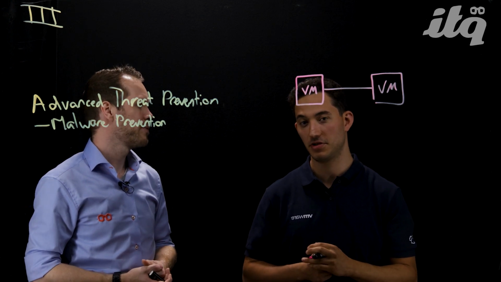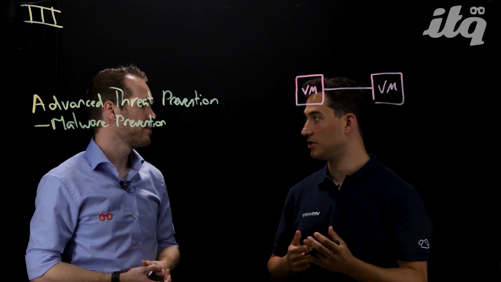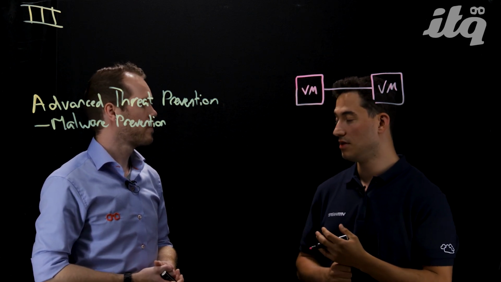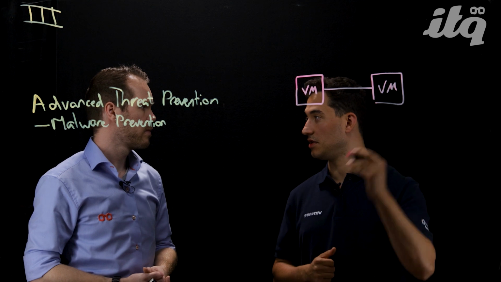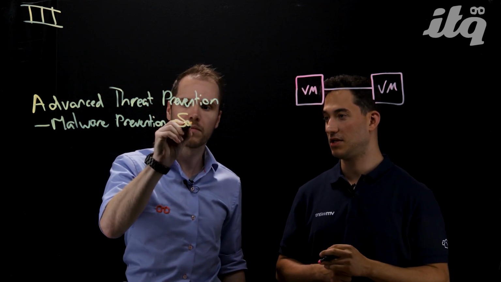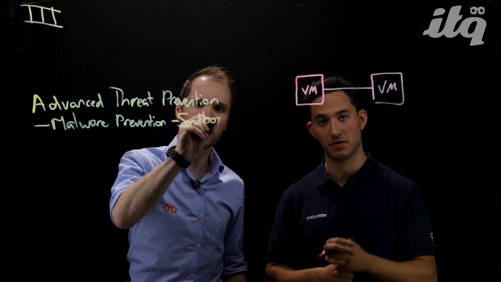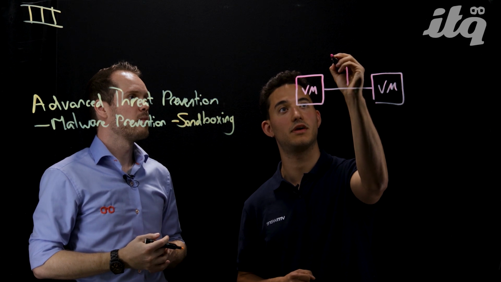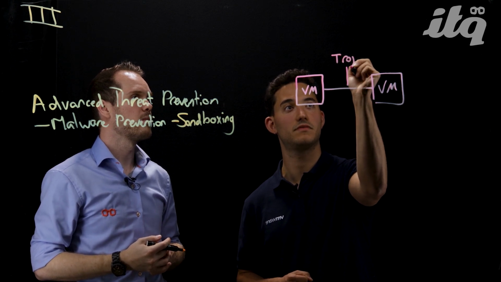Exactly. Not another agent. What we're going to do is try to distinguish between known good and known bad, if we are able to do that. If we don't know, we're going to send it into our sandboxing environment where we will emulate and execute the file, so we can give you an answer whether it's a safe one or not. So I would say this is sort of like where we would have it.